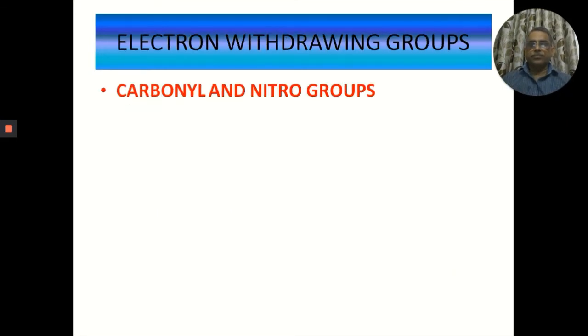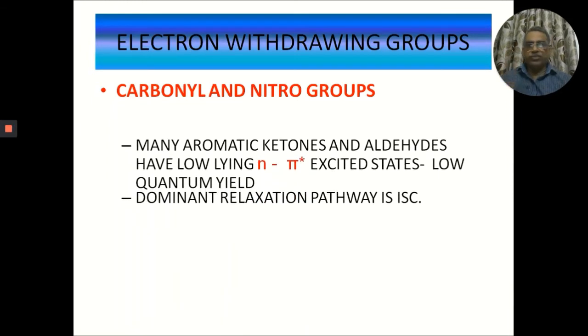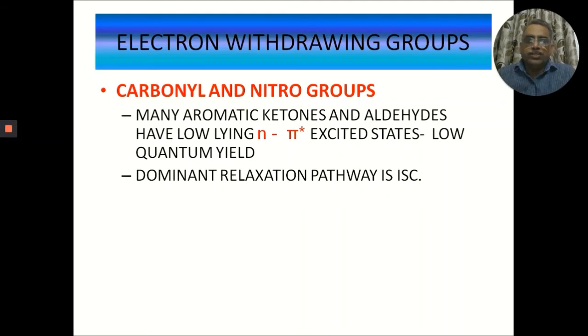Now when you go to electron withdrawing groups, where you can consider carbonyl and nitro groups, many of the aromatic ketones and aldehydes have the lowest energy state as n to pi star, and this is very important. When you have an electron donating system like OH, you have pi to pi star as the lower energy.